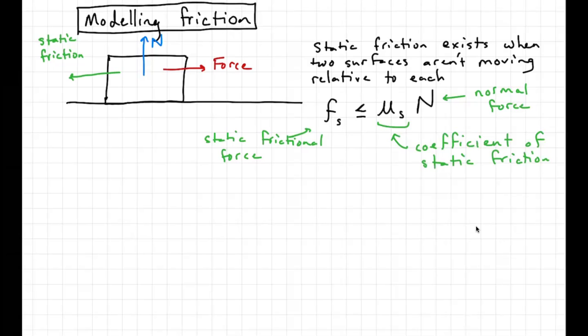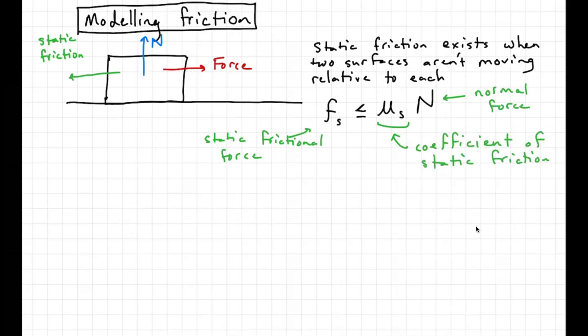But the amount of friction scales linearly with the normal force, and that scaling factor is the coefficient of static friction. So you can imagine what kind of things would affect the coefficient of static friction. If that coefficient is higher, that means friction is stronger. If that coefficient is lower, it means friction is weaker.